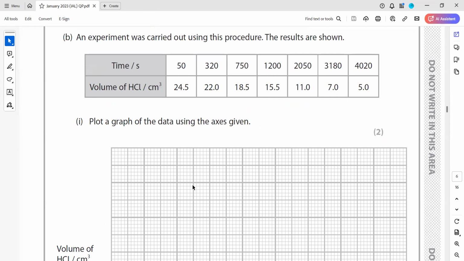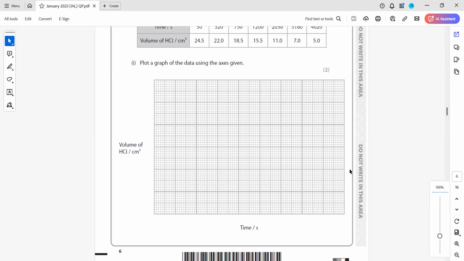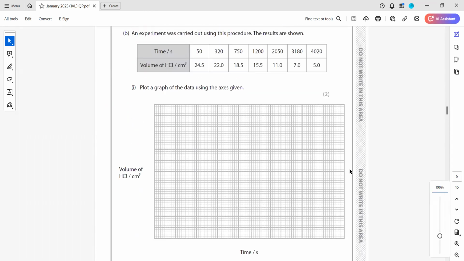An experiment was carried out using a procedure. The results are shown: volume of hydrochloric acid and the time. So you have to plot it. In the beginning, as you can see, we need more hydrochloric acid, but with the passage of time, the hydrochloric acid amount decreases. The time scale is in seconds, but it goes up to 320.